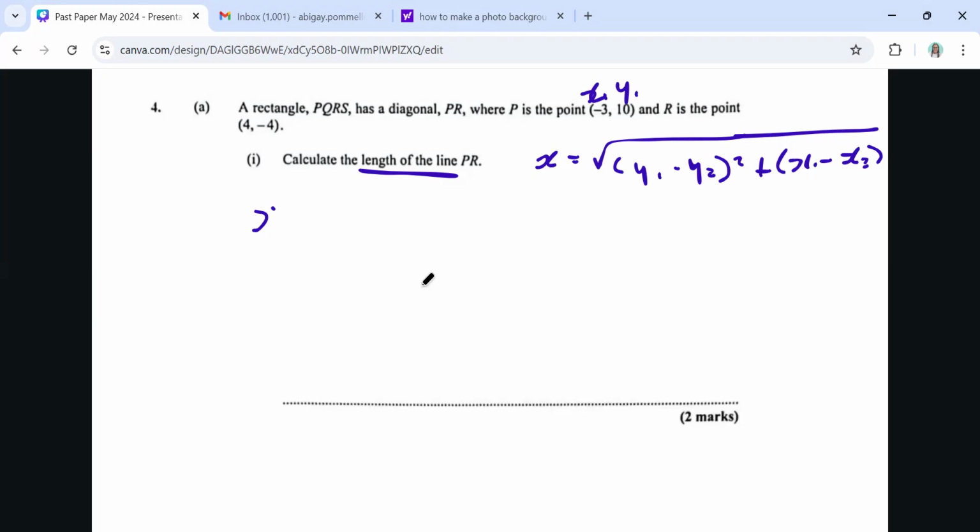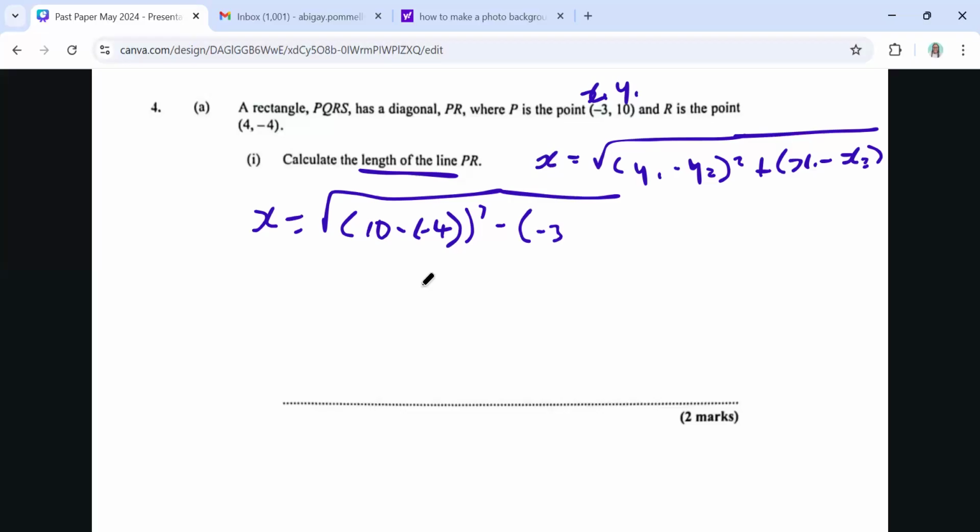So let's do it here. First y is 10 minus -4, all squared, plus x, -3 minus 4, squared.